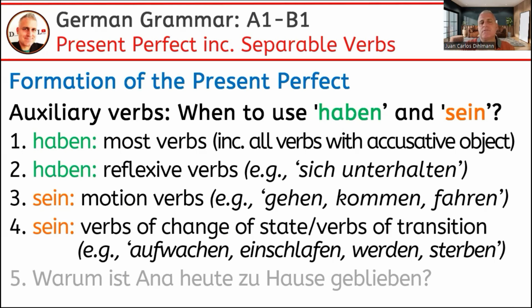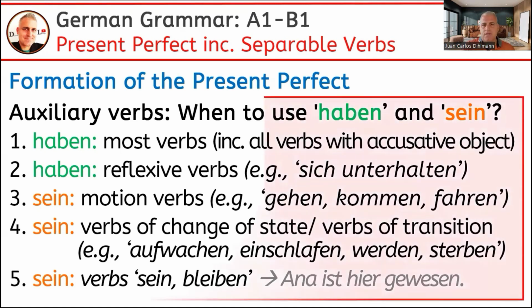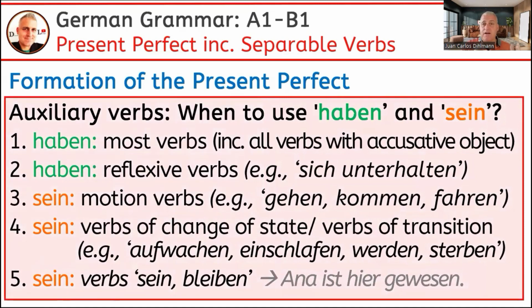So, for example, the transition of aufwachen is that in the beginning, I'm sleeping, and after the transition, I'm awake. Rule number 5. We also use sein when we form the present perfect of the verbs sein, which means to be, or bleiben, which means to stay. For example, Anna ist hier gewesen, which means Anna has been here, or also Anna was here. So please remember these 5 rules.